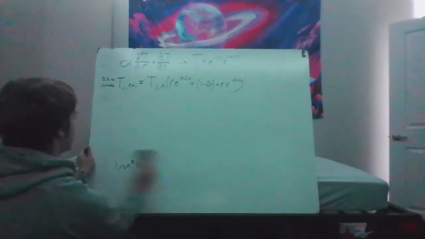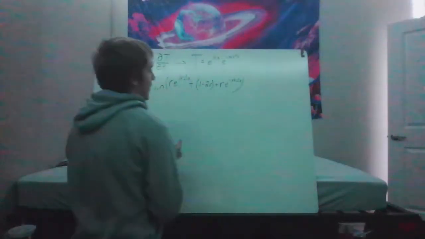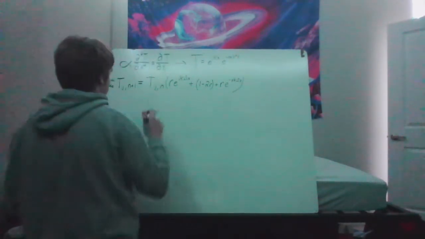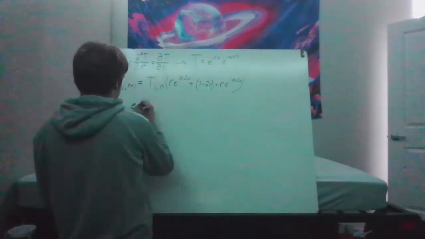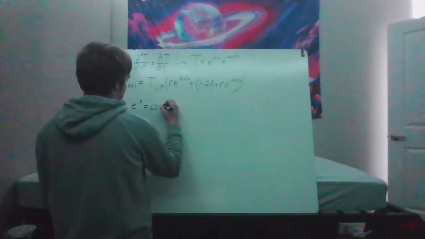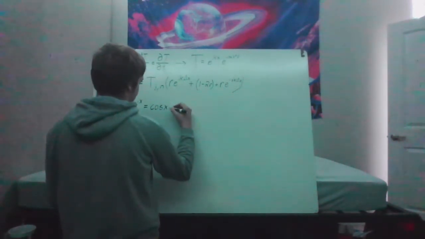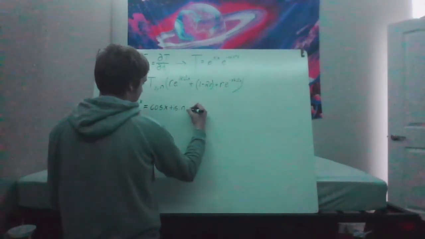So now what you can notice is we have these e to the negative I and e to the I portions of this function, and we can use Euler's formula, which says that e to the I x is equal to cosine x plus I sine x.